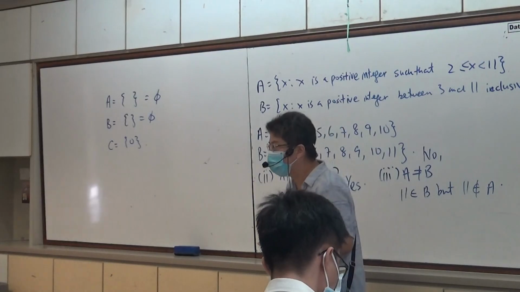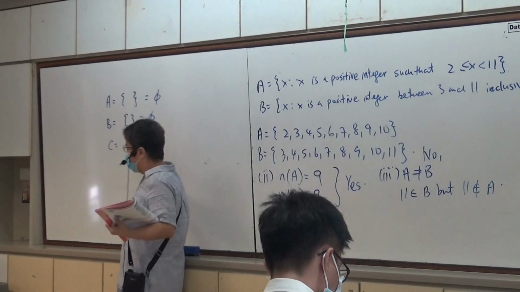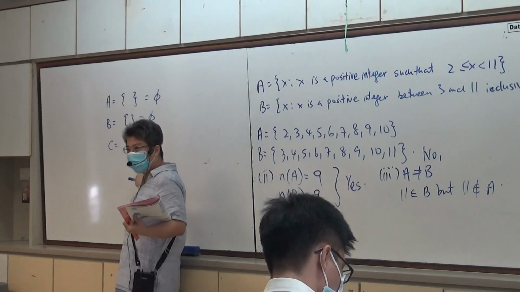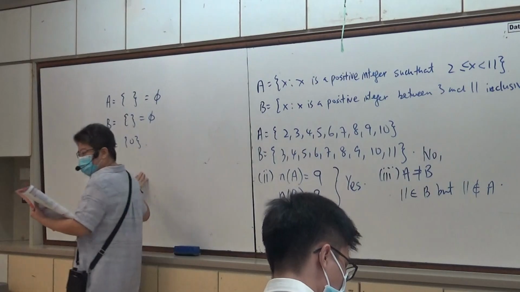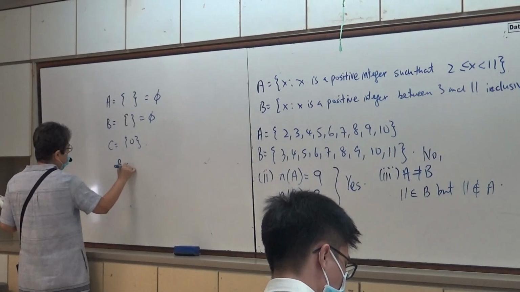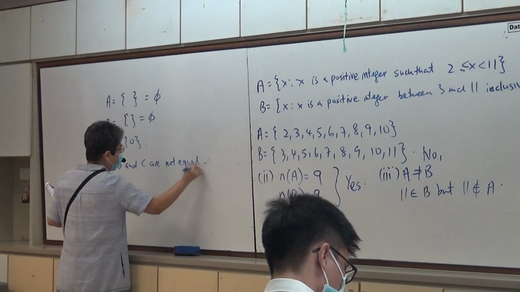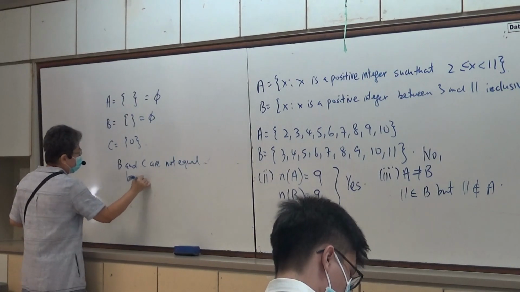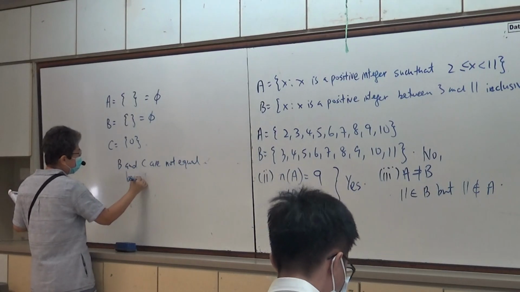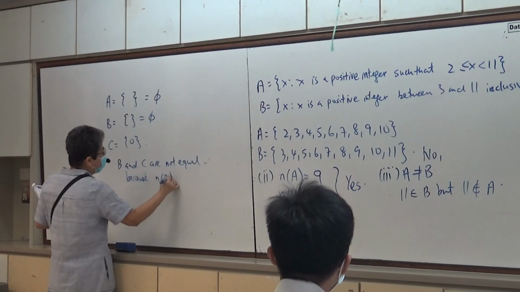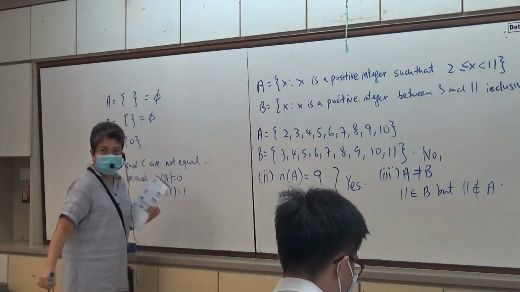The answer is no. This is an empty set with no element. But what about this? There's one element. Can you understand? So, you can say B and C are not equal because the number of elements in B is 0, but the number in C is what? 1.